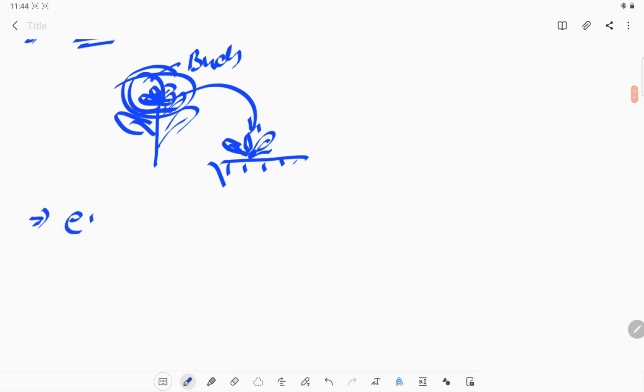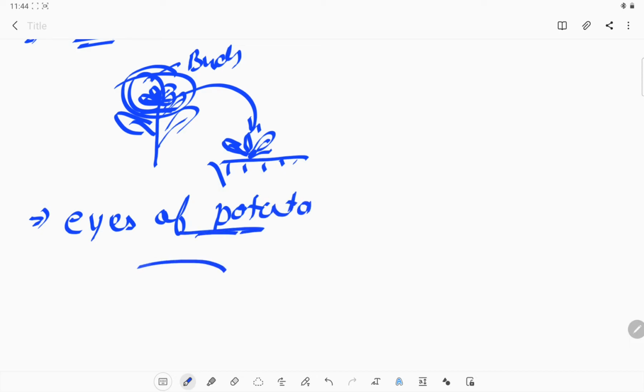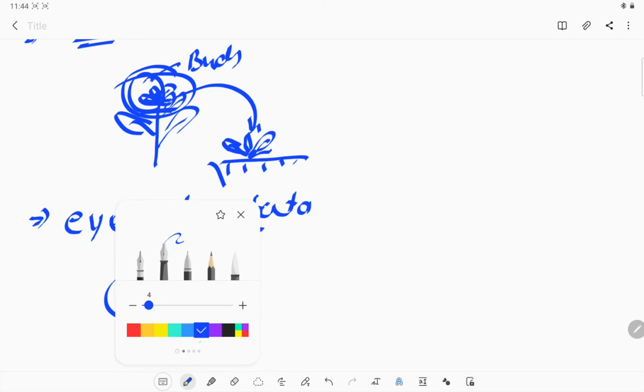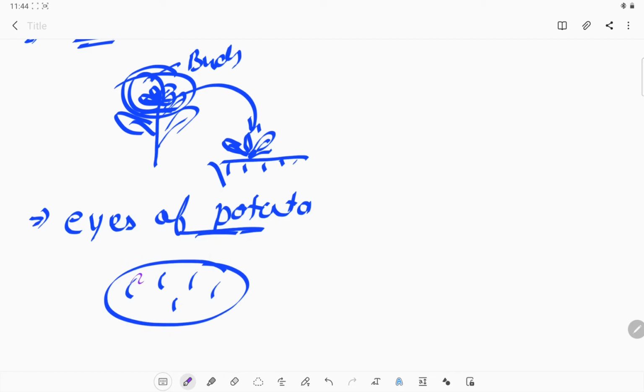Next is the eyes of potato. Whenever we see a potato, we see some kind of grooves in it. This kind of structure is present on the potato. And what are these structures? In the rainy days, you must have seen some greenish portion coming out from these nodes or these eyes.